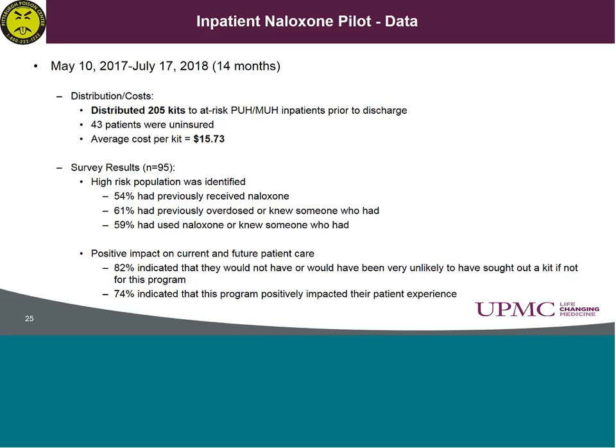So 61% of the 95 people who turned in a survey had either overdosed at some time before that hospitalization, or they knew someone who had, which means that they may not have. I imagine a lot of us know somebody who's overdosed, but that also emphasizes the point that it's worthwhile to have naloxone available if you know somebody or have known somebody and could reasonably come across an overdose. I hope that answers the question.